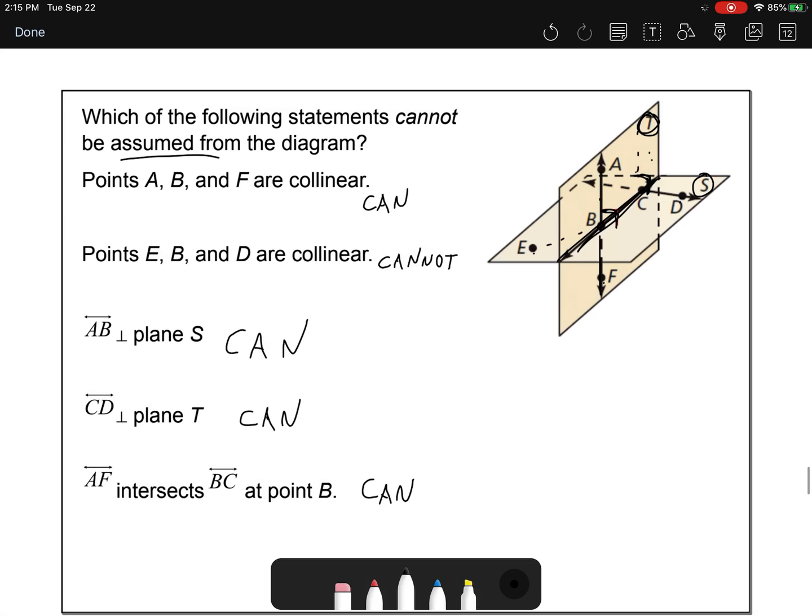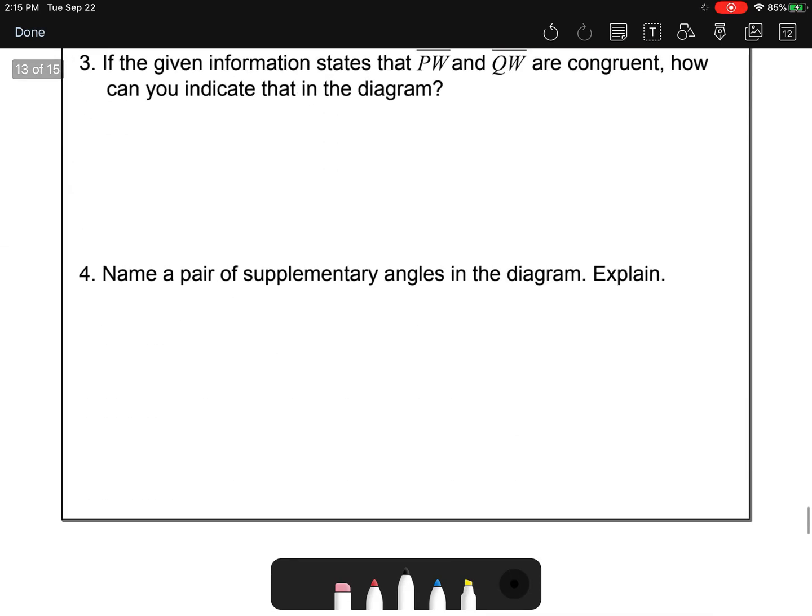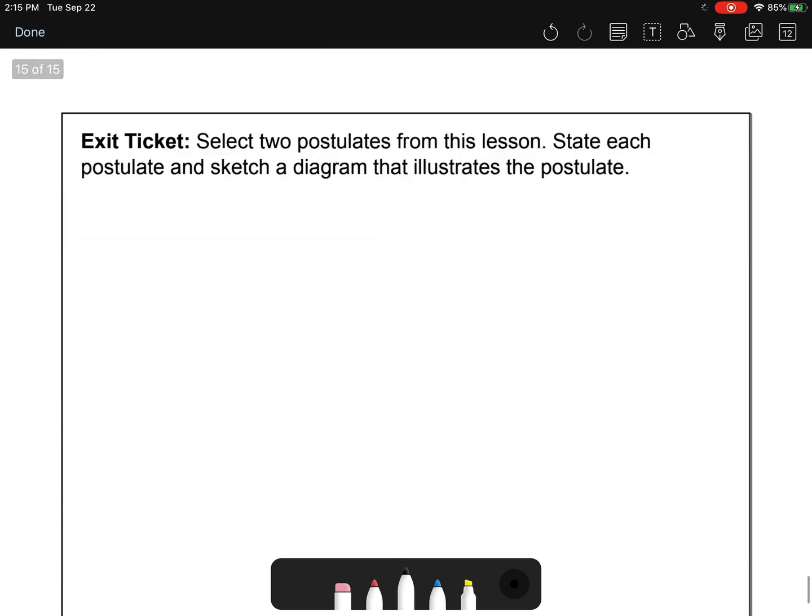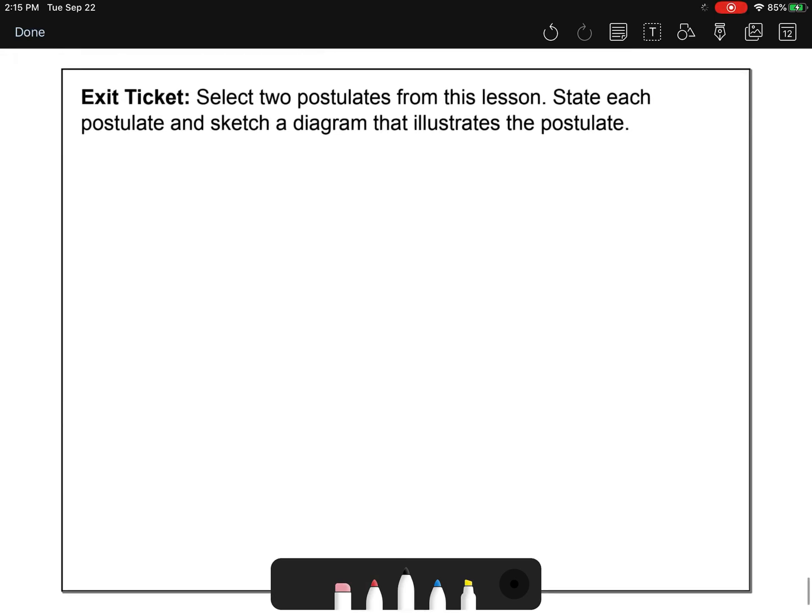Yes, we can. How do we know that line AB is perpendicular to line BC? Because this plane and this line are perpendicular. I see that 90 degrees there. So therefore, those would have to be perpendicular.